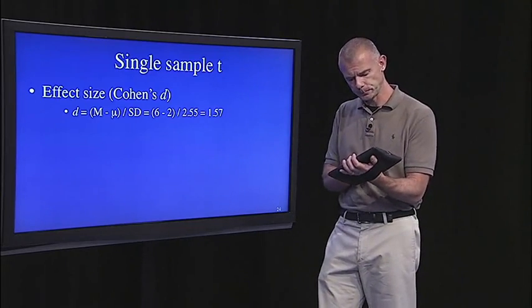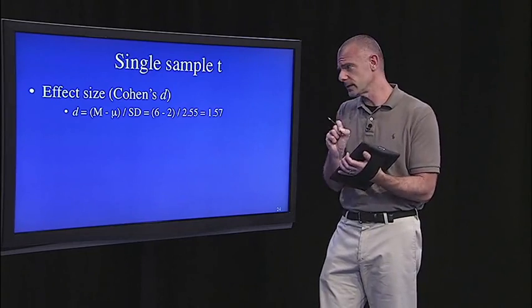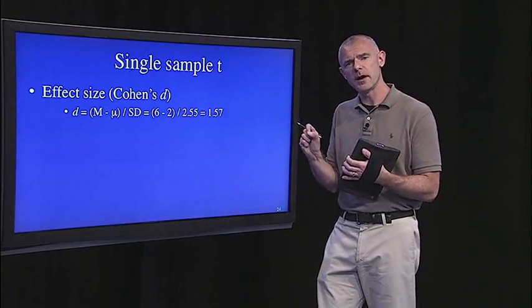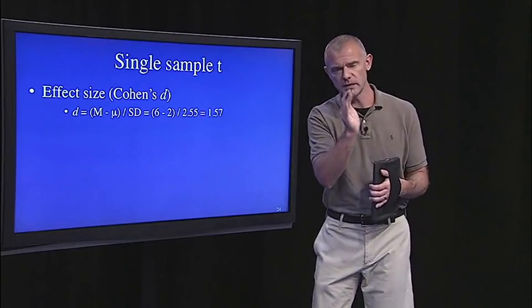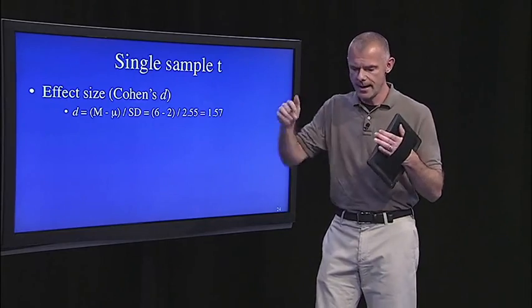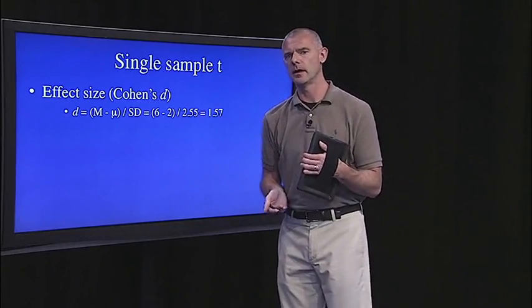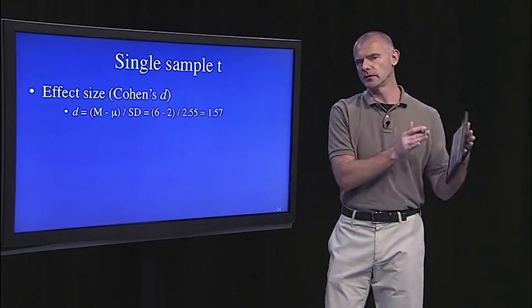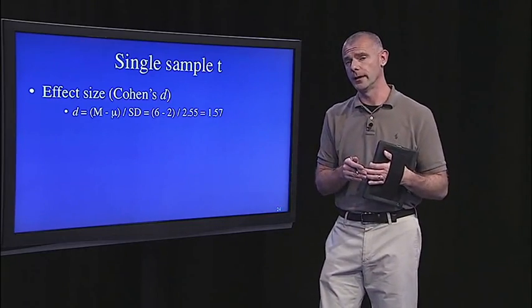So strong effect. But again, the point is, whenever we do this mean comparison, we want to report the t-value, the p-value, say whether it's statistically significant or not, and then supplement that with an estimate of effect size because of all the problems associated with NHSTs.